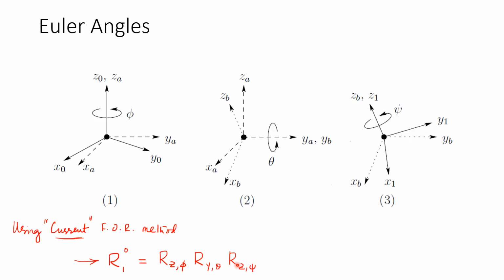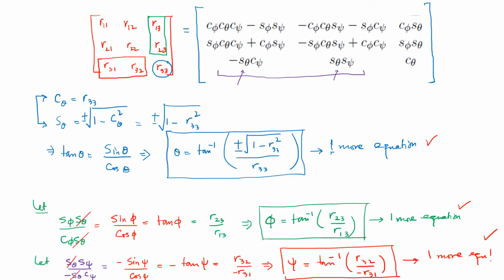So when we do that, we are going to have 3 more parameters, phi, theta, and psi, available in the notations, which we can try to find equations for. And that is exactly what we did. And when we did that, we found this big matrix, which we manipulated to find an expression for theta, an expression for phi, and another expression for psi, which are the 3 more equations required in order to solve the full 3 by 3 rotation matrix.